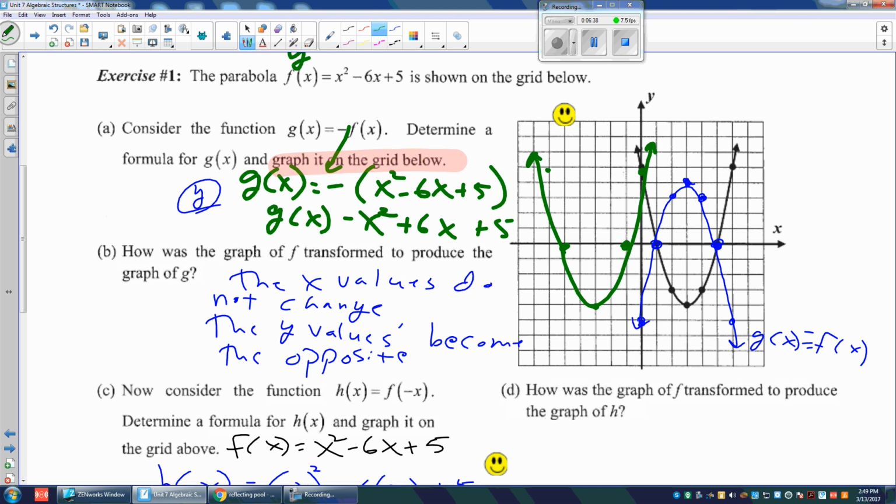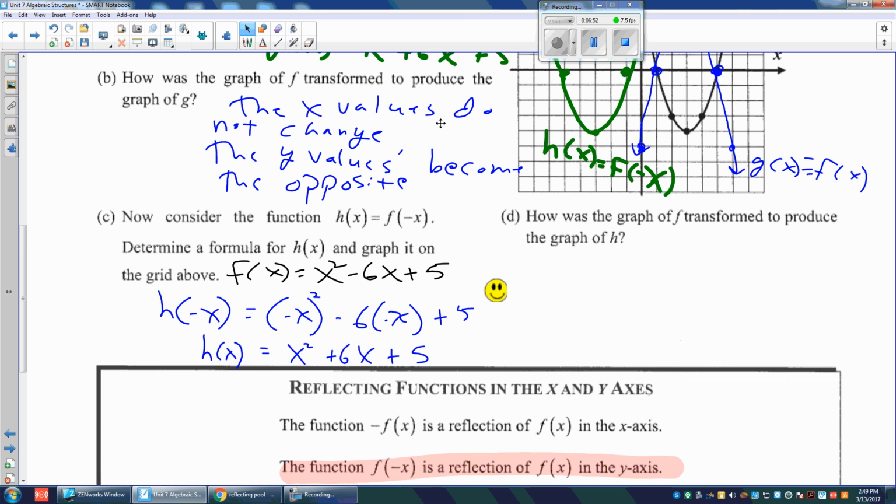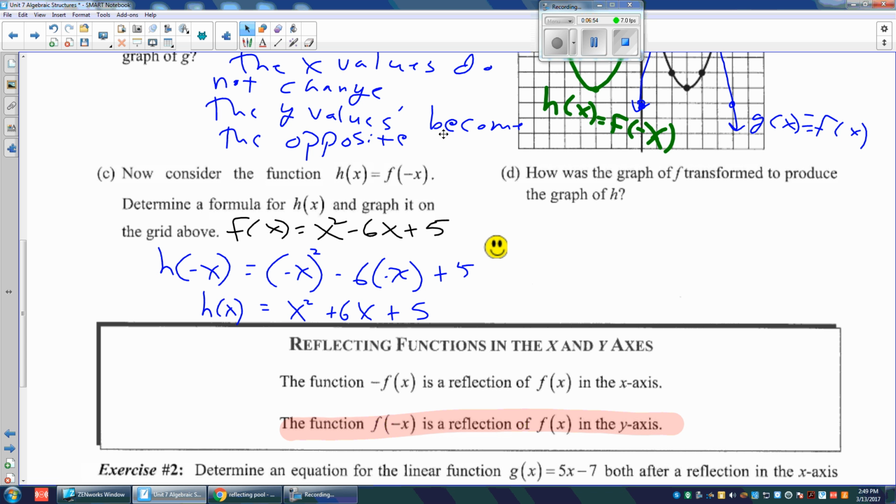Label it. I believe it was h of x equals f of negative x. How is the graph transformed? Reflected across the y-axis.